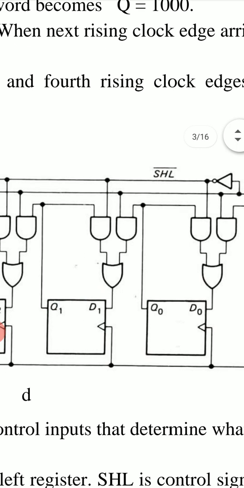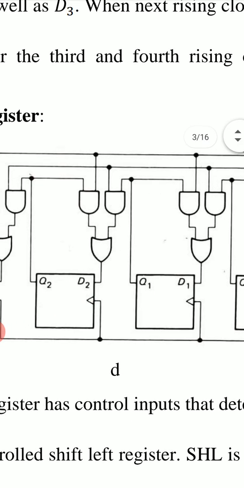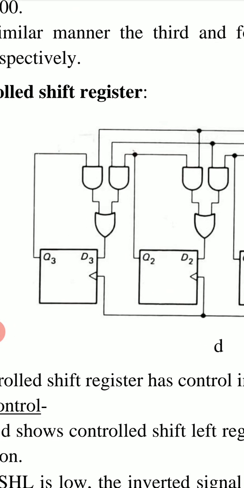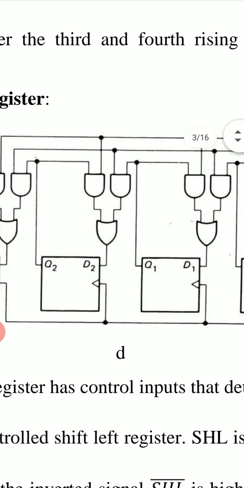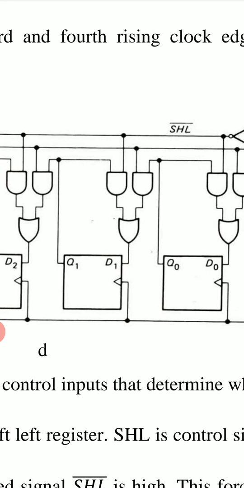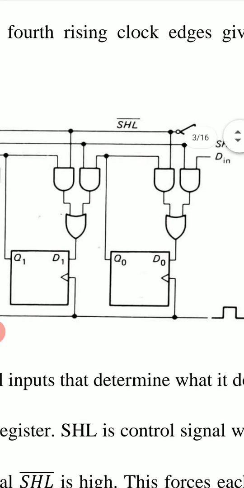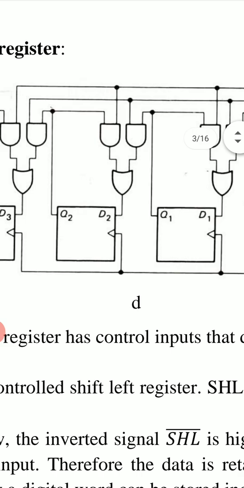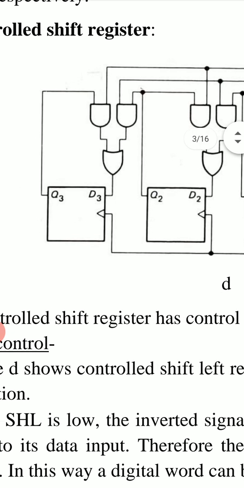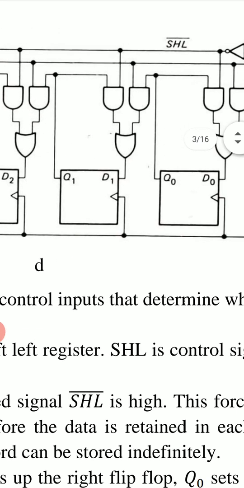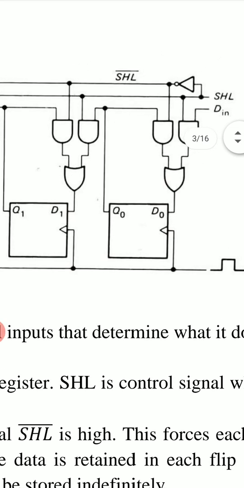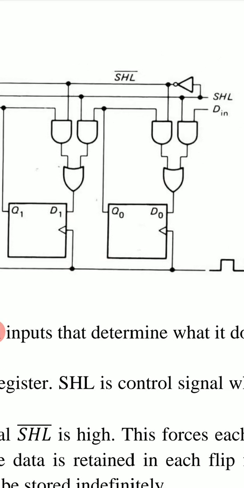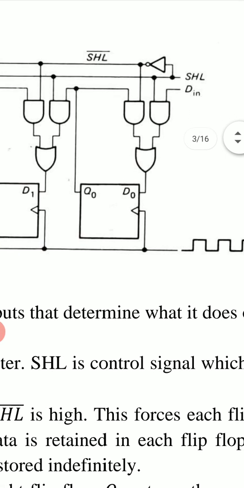So similarly we have D1 is Q1, D2 is Q2, D3 is Q3. And for the next positive clock edge, the word is retained. Q0 remains Q0, Q1 remains Q1, Q2 remains Q2, Q3 remains Q3. Q0 remains Q0 because D0 is also Q0 when SHL is 0.